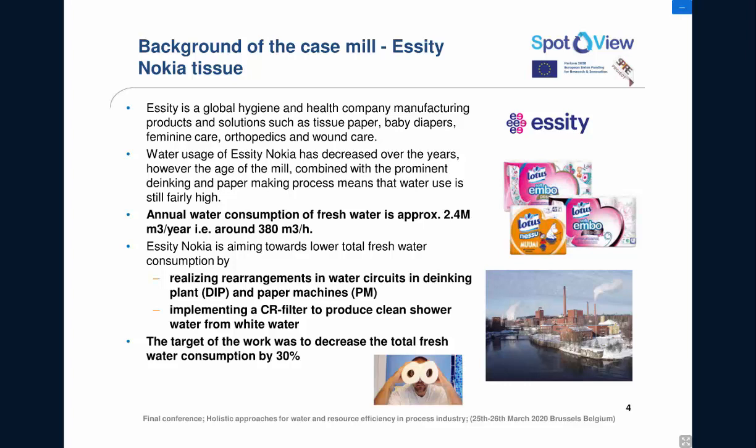They want to decrease their total freshwater consumption, and they had some new plans for how to make the process better inside the de-inking plant and also in the paper machines, which we modeled and simulated, and then we used this kidney technology, ultrafiltration for water purification. The goal for the total freshwater consumption decrease was 30%.